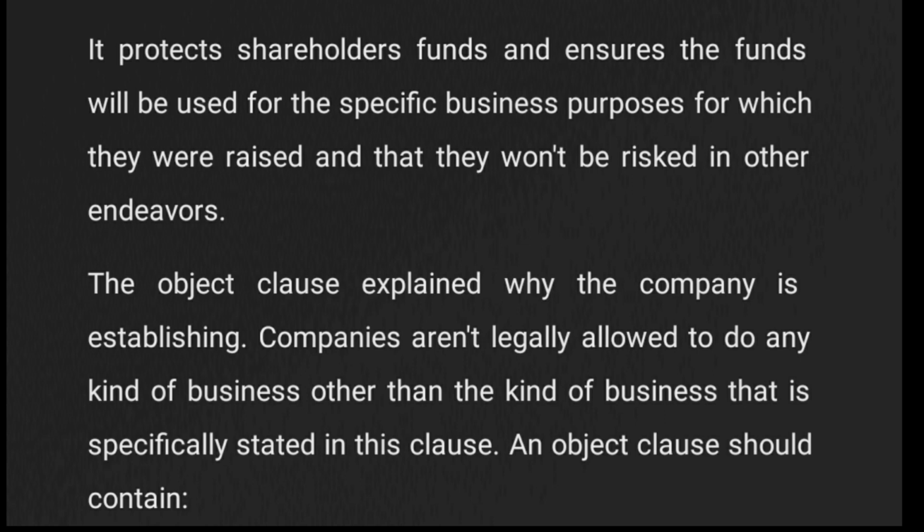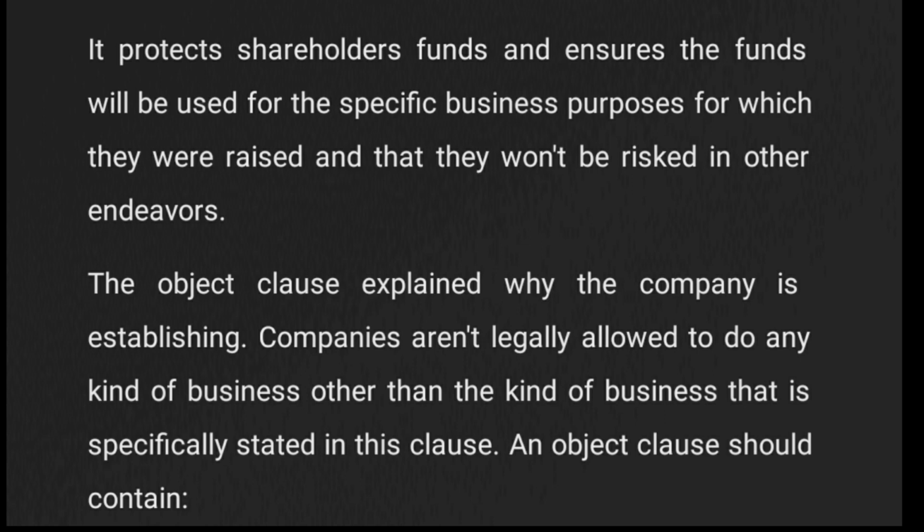So in the MOA they also mention the funds we receive from the shareholders. We will use that fund only for the business purpose, not any other kind of purpose. The objective clause explains why the company is established. Companies aren't legally allowed to do any kind of business other than the kind of business that is specifically stated in this clause.